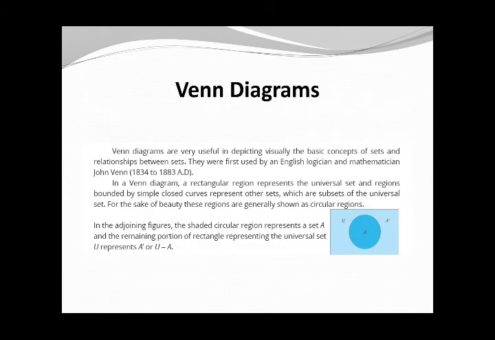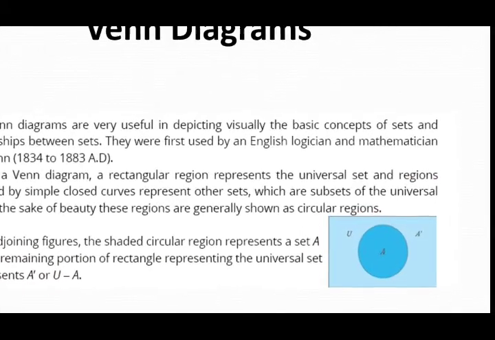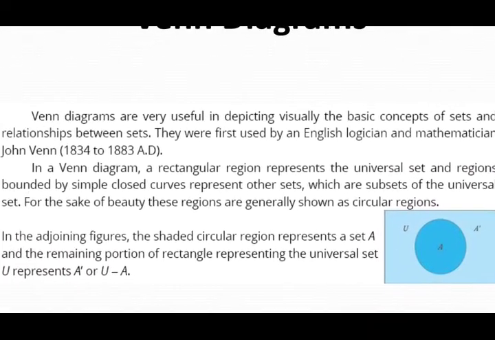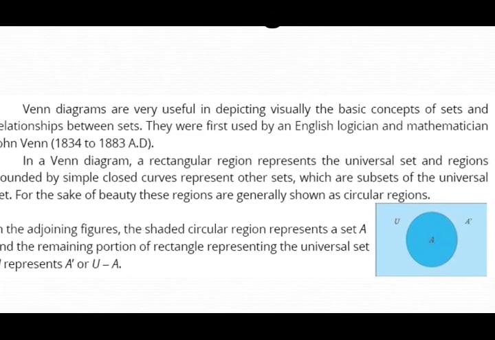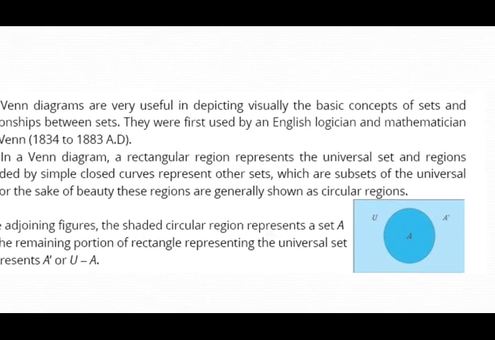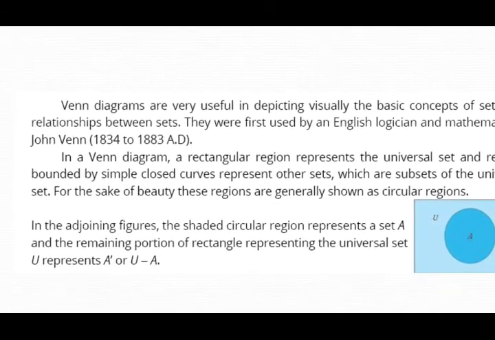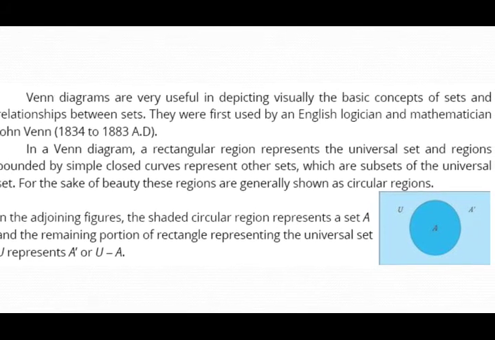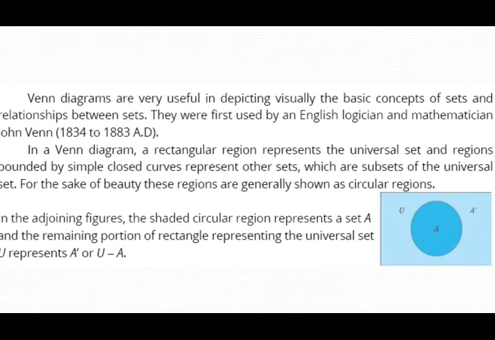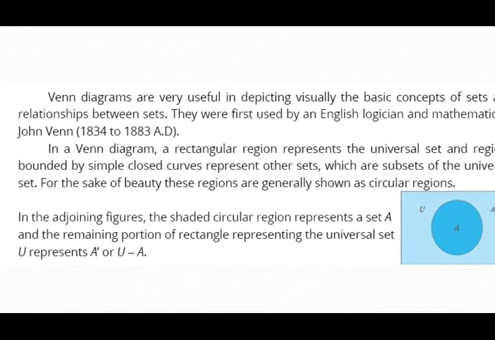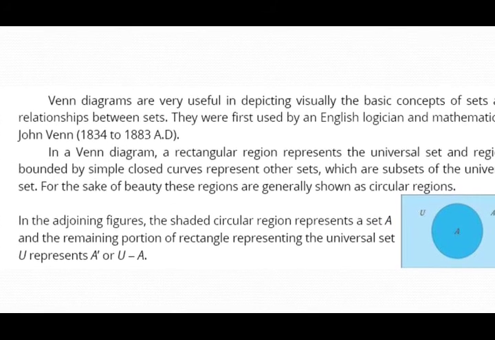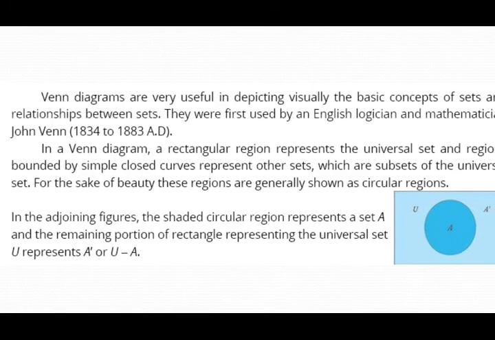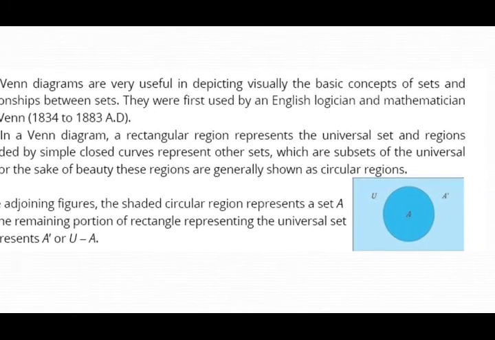Next topic is Venn diagram. Venn diagrams are useful in demonstrating visually the basic concepts of sets and relationships between sets. They were first used by an English logician and mathematician, John Venn. In a Venn diagram, a rectangular region represents a universal set.